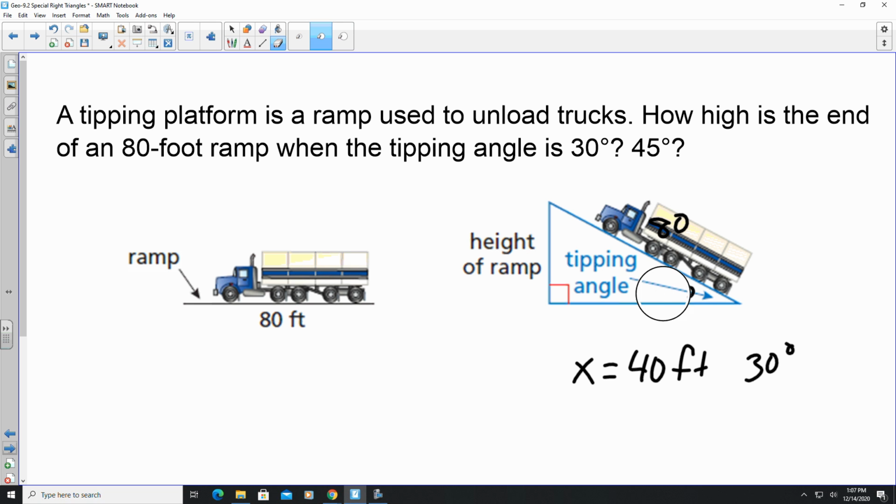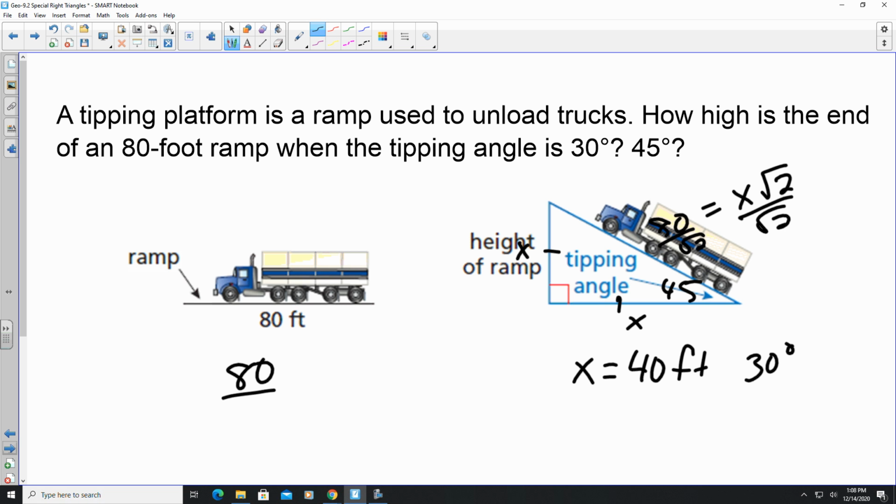And if this was 45, that means these two are the same. When it's 45, this is still 80. This doesn't change. This is just going to be x times the square root of 2. So in order for us to find x, we have to divide both sides by the square root of 2. You're going to take 80 over the square root of 2.